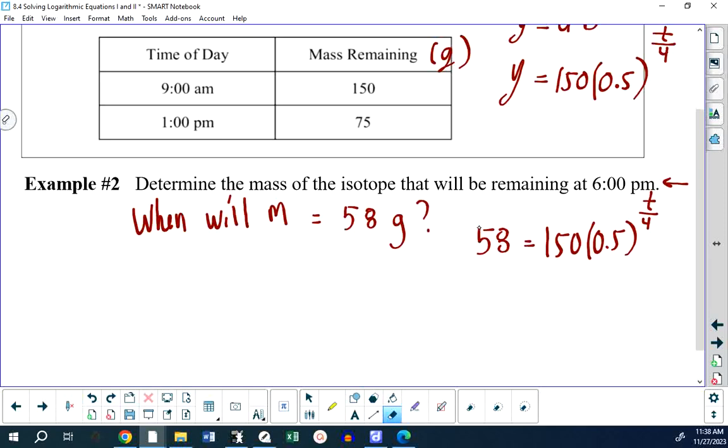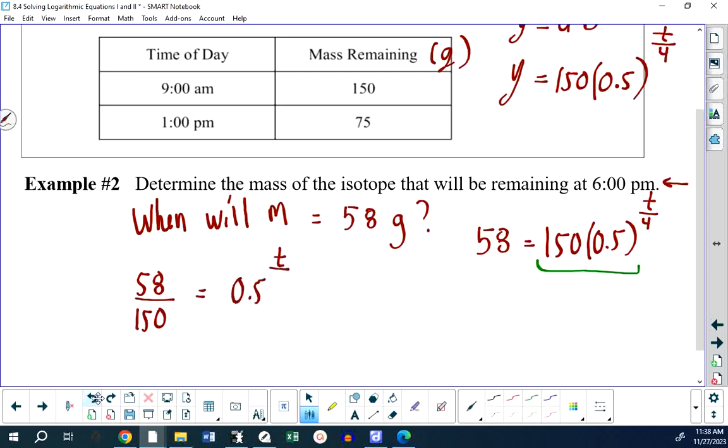Because if I take the log of this right now, if I take the logarithm of this, the base 10 log, then I'm going to have to write log of 150 plus something. So I'm going to divide instead 58 over 150 equals 0.5 to the t over 4. If you've been following the lesson so far, this is not a difficult equation to solve.